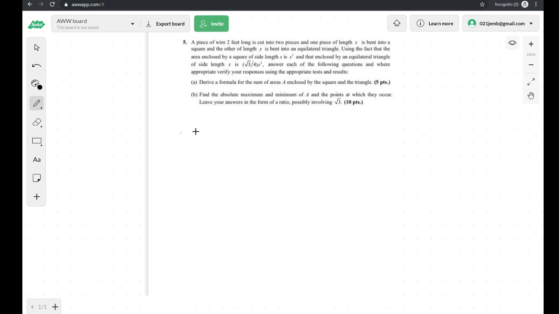Okay, so for this problem, first, let's draw the piece of wire. So we have a piece of wire that's 2 feet long. We cut this in two pieces.